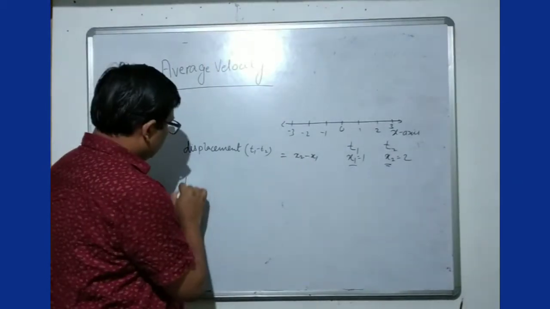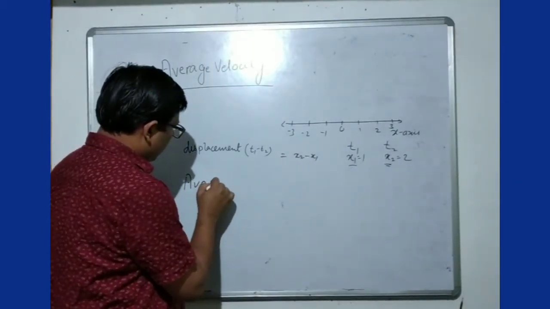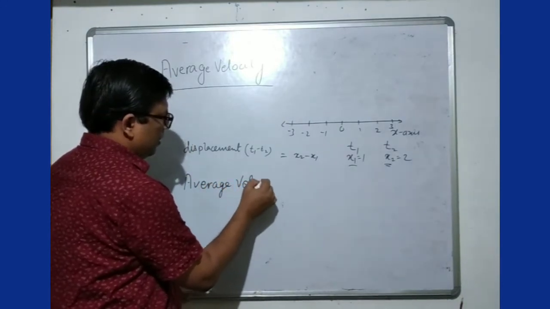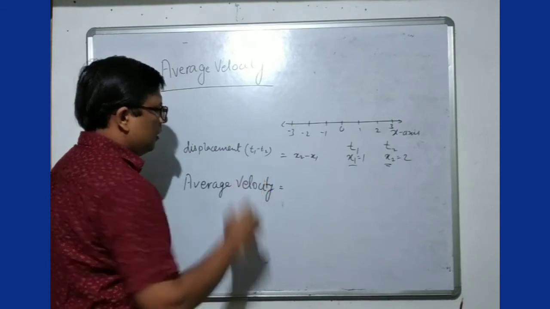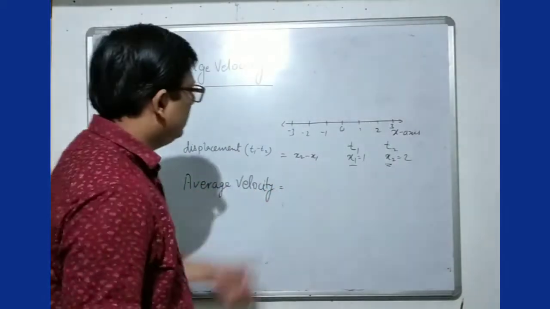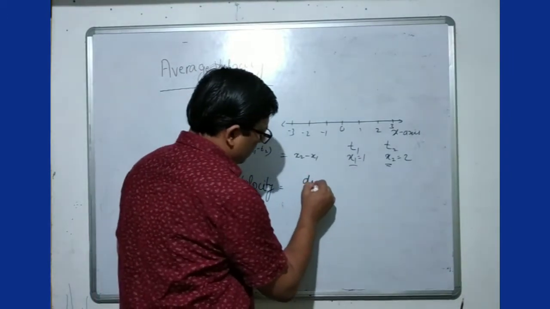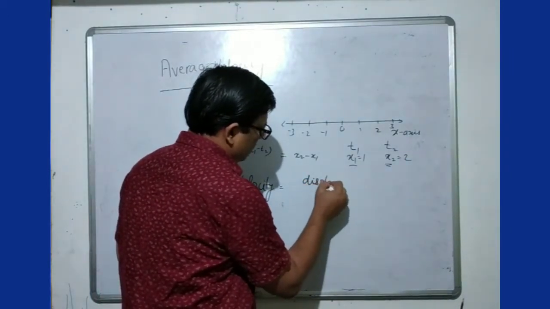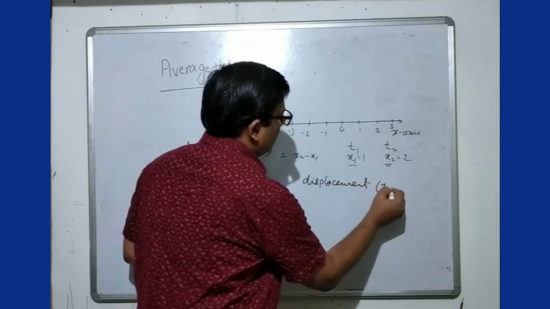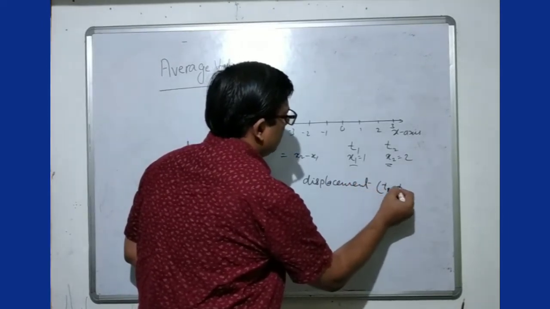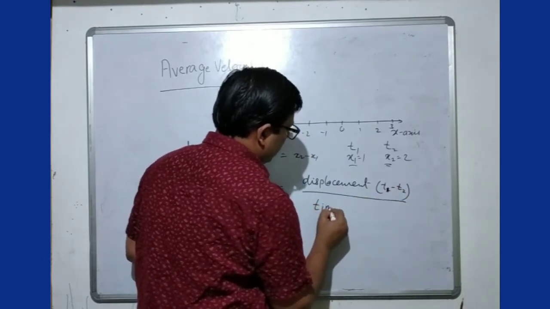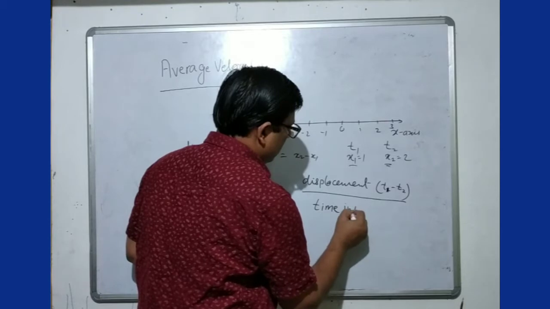So average velocity will be the displacement between time interval t1 to t2, divided by the time interval.